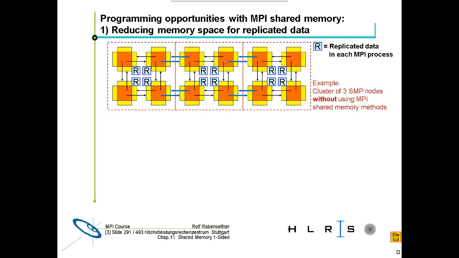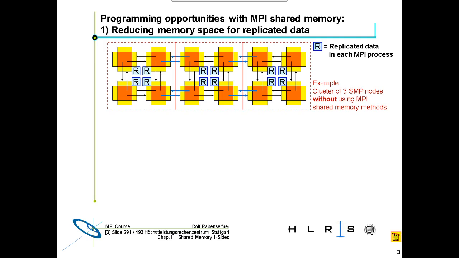As a motivation for the use of shared memory, we can indicate two main examples. The first one shown in this slide is the reduction of the memory space for replicated data.